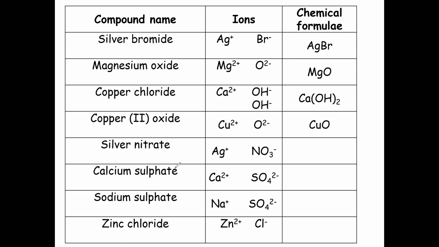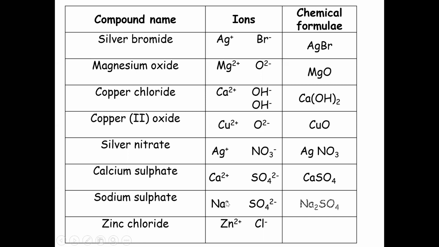So if we look at this example here, silver nitrate, again, 1:1. So silver nitrate would look like this. You can see calcium sulfate would look like this. You see sodium sulfate. Now here, 1+, 2-, for which reason you need an additional sodium, and therefore you can see 2 sodiums.